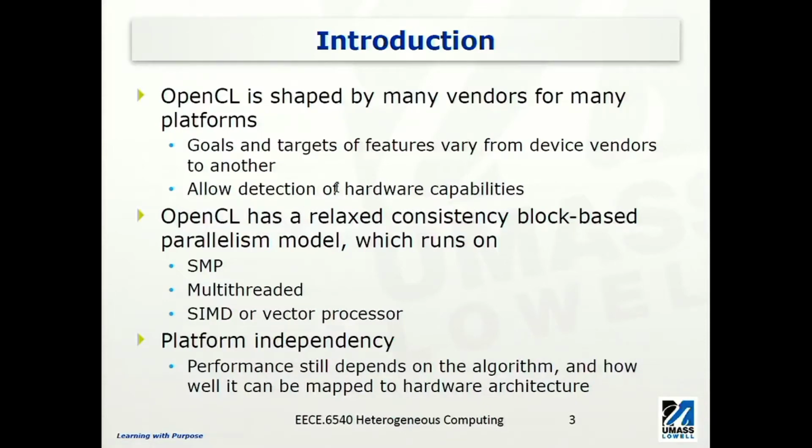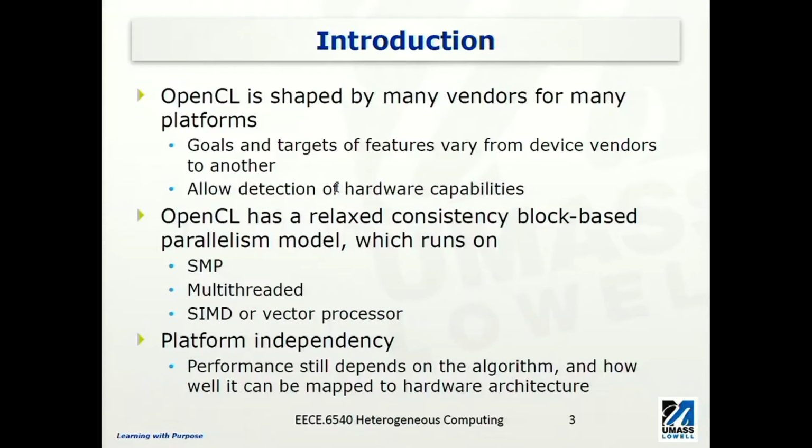Of course, OpenCL has the capability of detecting hardware capabilities. So it will know through well-defined APIs what kind of features a processor can provide.